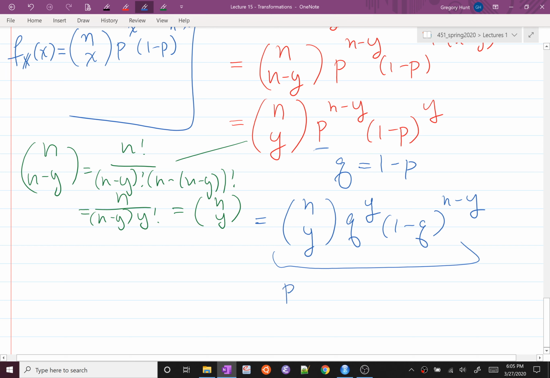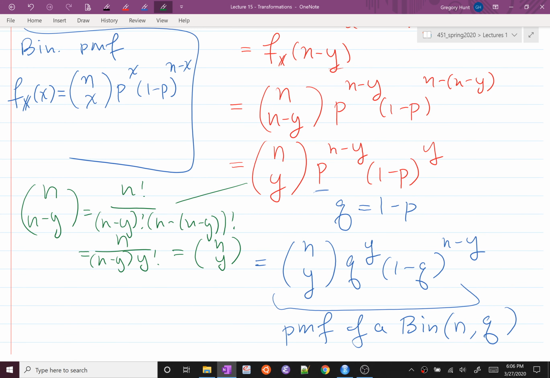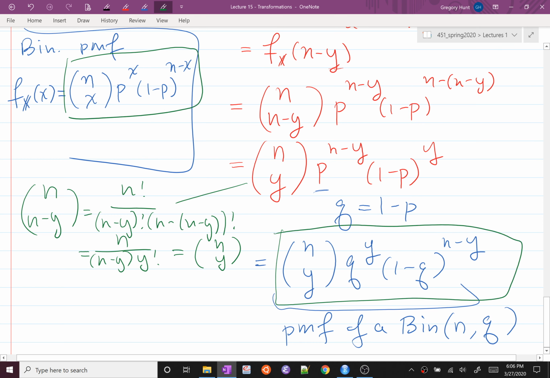This is the PMF of a binomial with parameters n, and instead of p we have q. So if we compare the form of this PMF to the form of this, instead of x we have y, and instead of p we have q. So it's a binomial n, q.